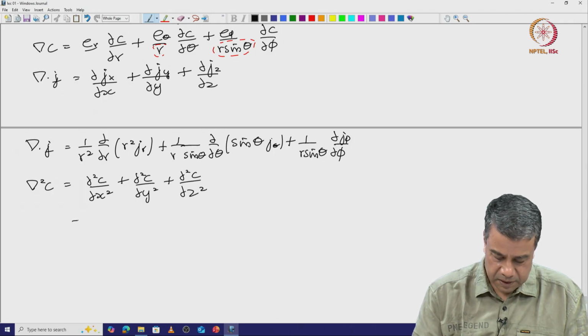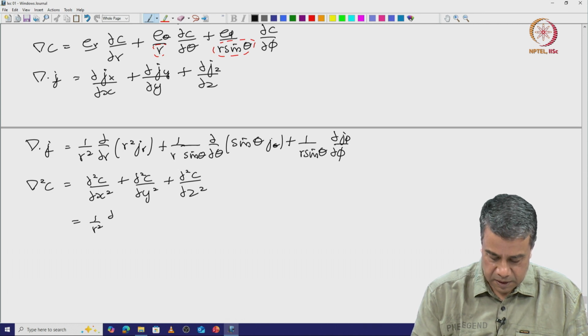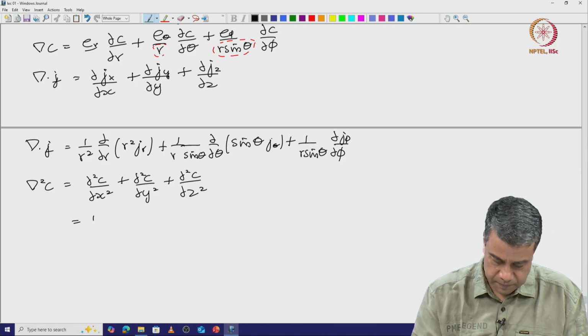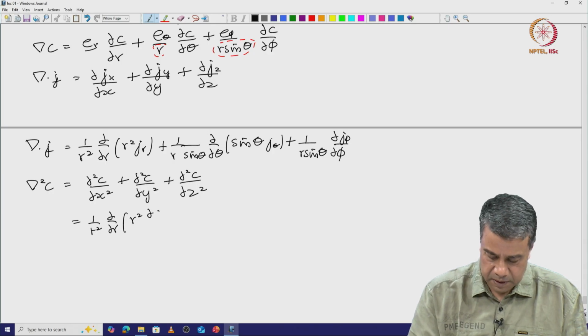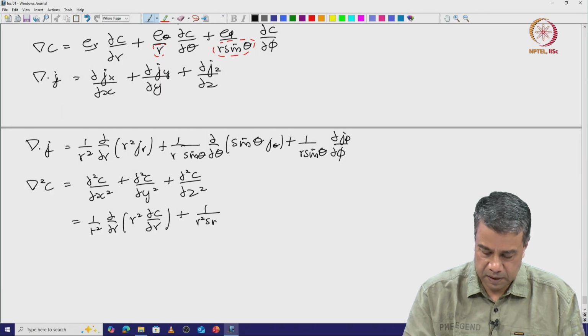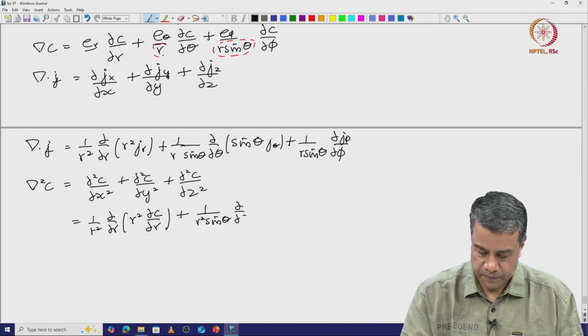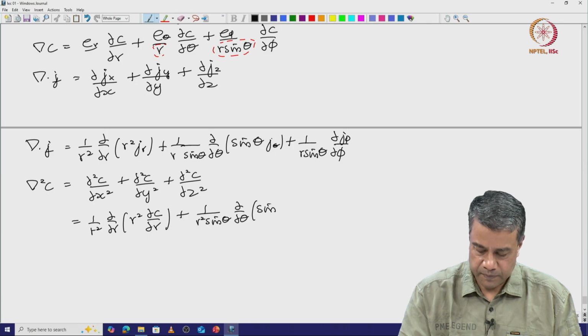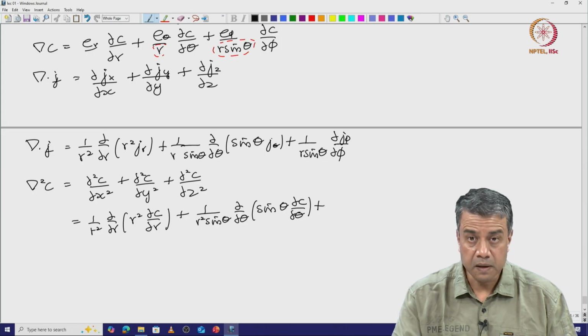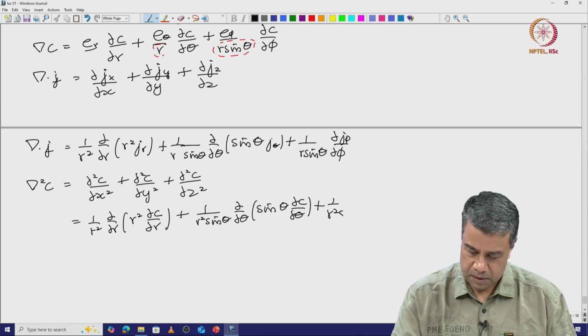And in a spherical coordinate system, this is 1 by r square d by dr of r square partial c by partial r plus 1 by r square sin theta partial by partial theta of sin theta partial c by partial theta plus 1 by r square sin square theta partial square c by partial phi square.